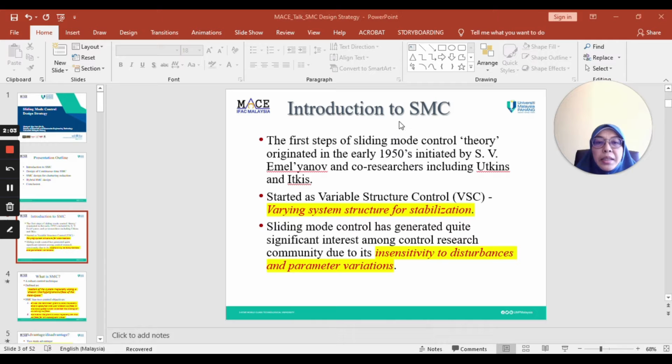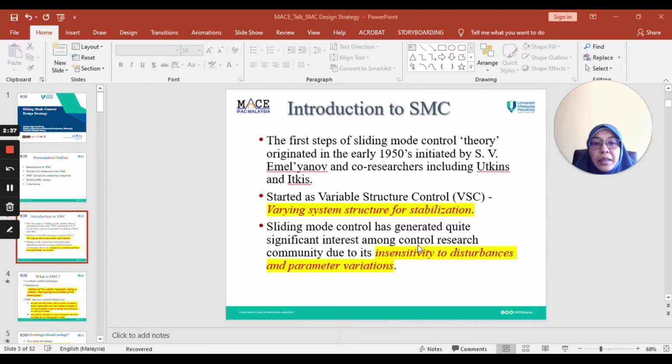Okay, this SMC was introduced by Emelyanov and his co-researchers, including Utkin and Itkis. They are from the Soviet Union at the time, in the early 1950s. So basically, it started with variable structure control for varying system structure for stabilization.